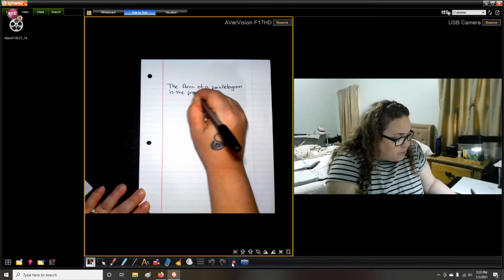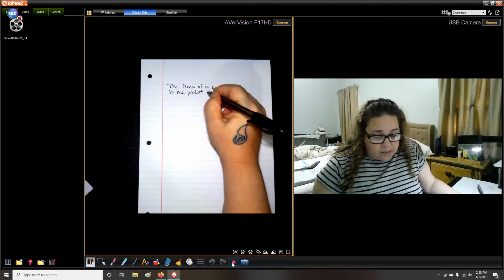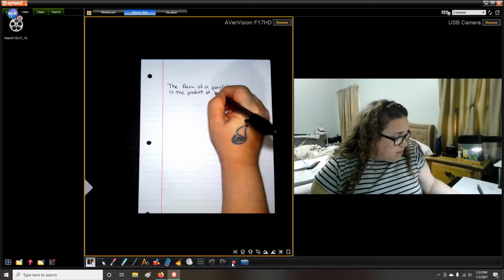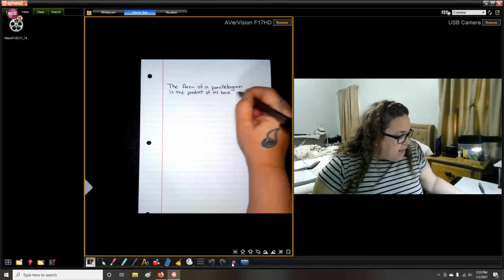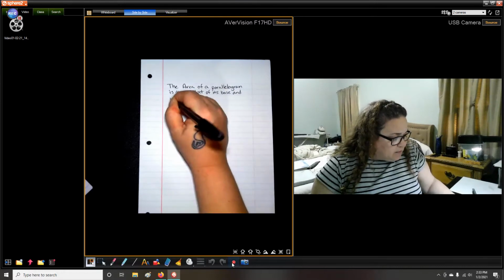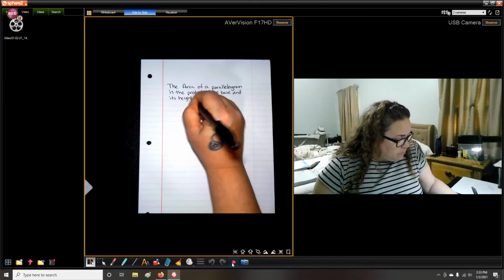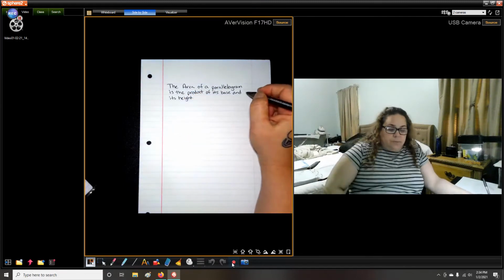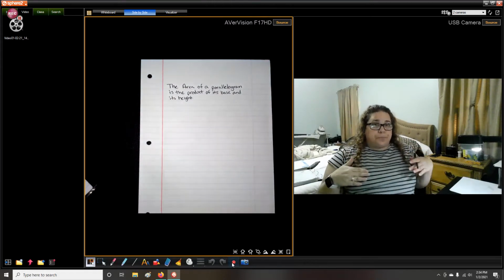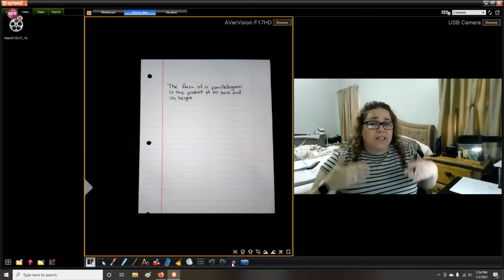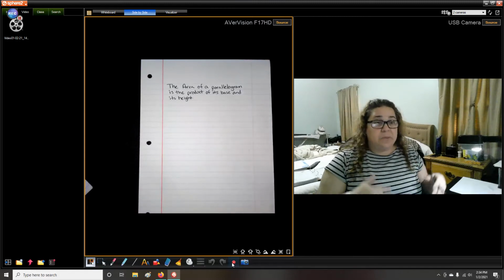Hopefully everybody knows when they hear product, they should be thinking multiply. The product of its base and its height. So that means base times height.